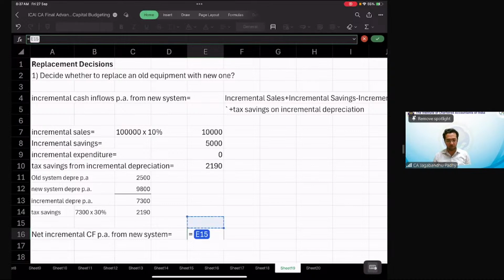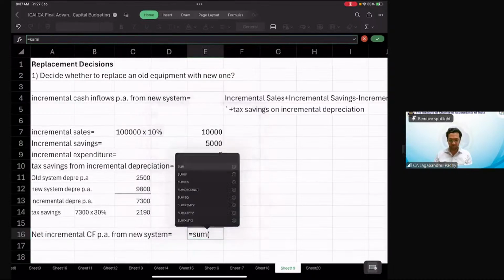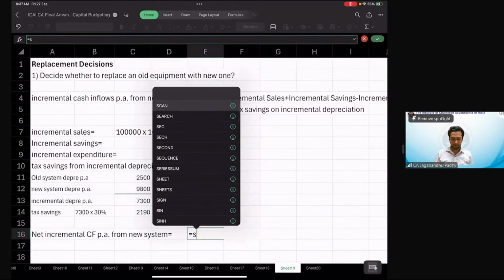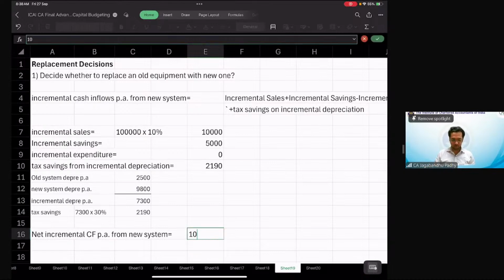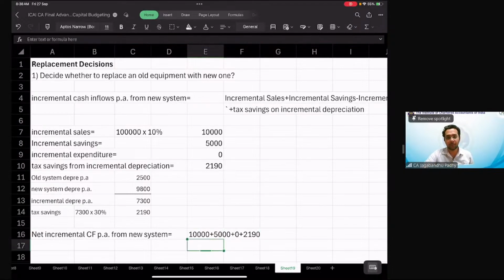How much is the total inflow that we are going to have? Can I say the sum of all of them, which is going to be 10,000 plus 5,000 plus 0 plus 2,190, right? How much is it?